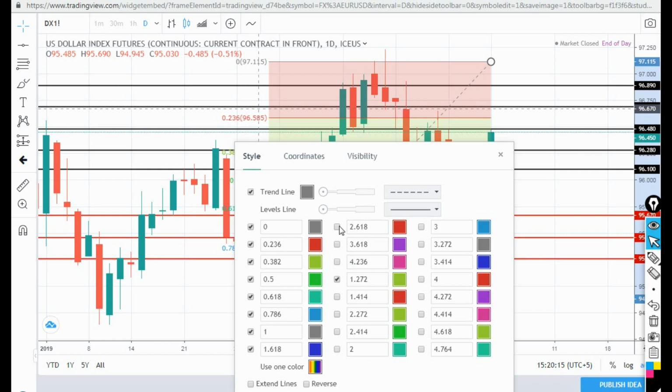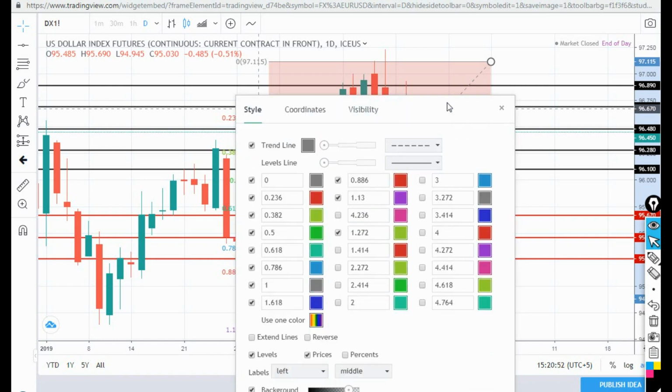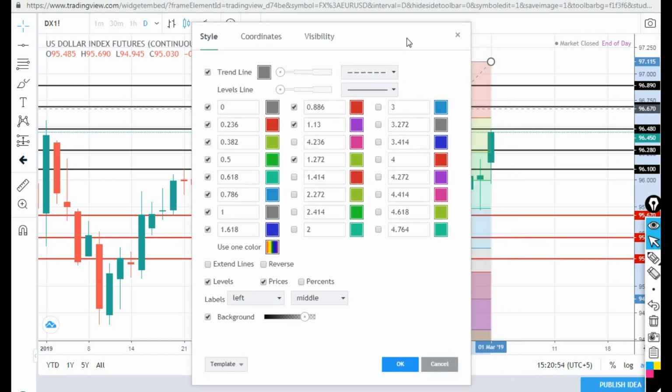You need 0.886, and you need 1.13, 1.113. Now it's all set, and we just move it up to make it okay.